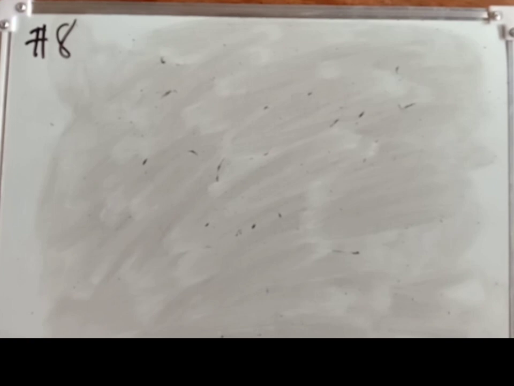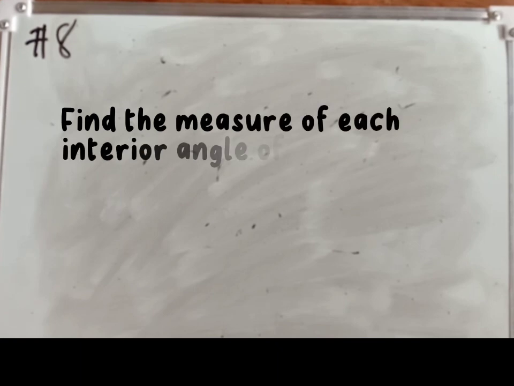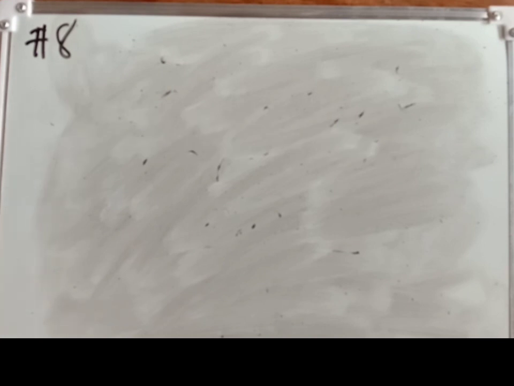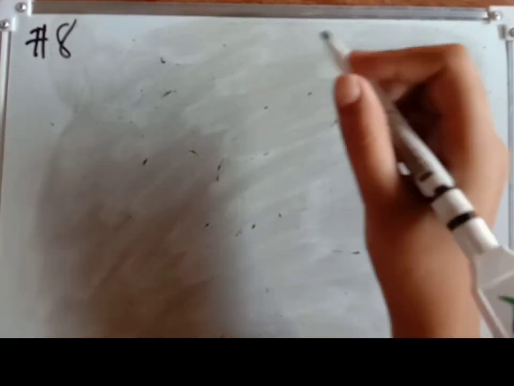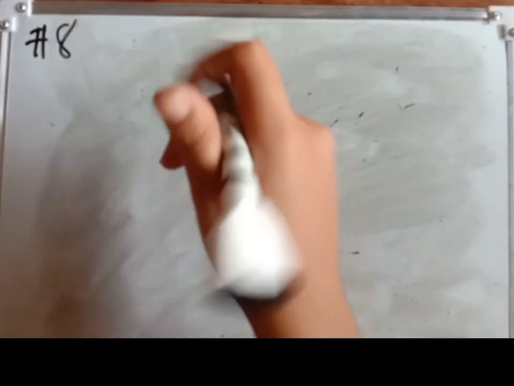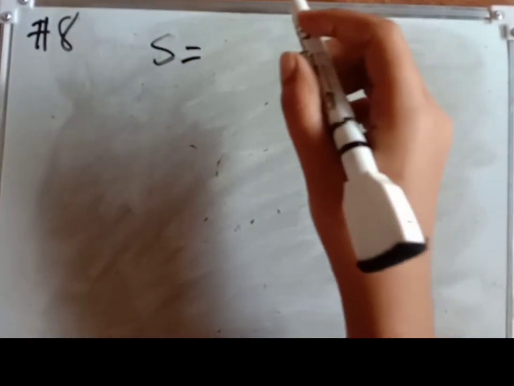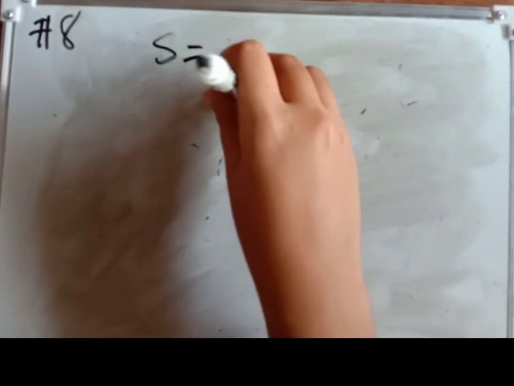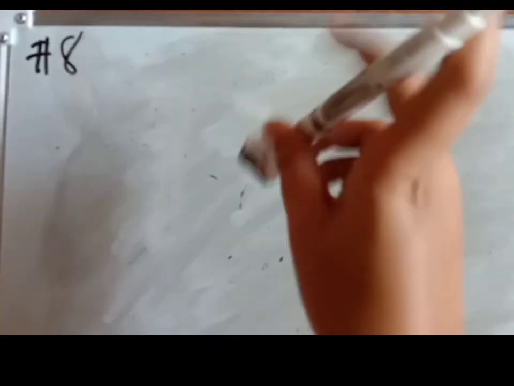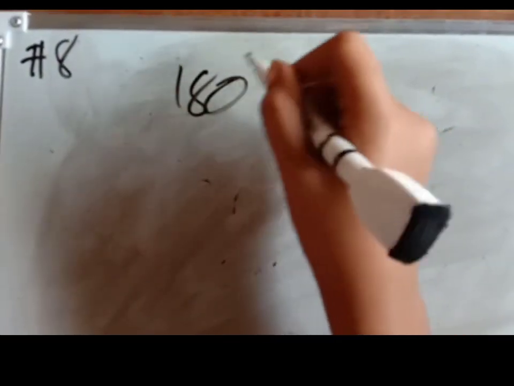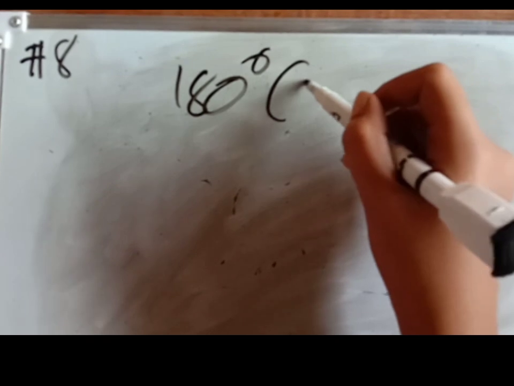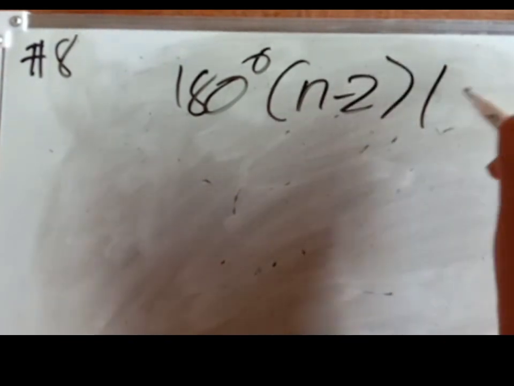Let's now proceed to our problem number 8. So our problem number 8 is find the measure of each interior angle of a decagon. So we will use again the formula S is equal to 180 degrees, the quantity of n minus 2 divided by n.